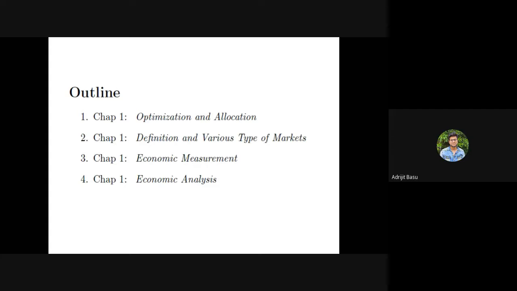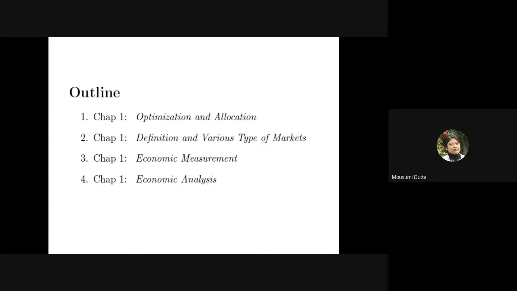Okay. So first day, I gave you this outline, so if you want to prepare your own chapter one, the outline will be: I'll tell you something about optimization and allocation, because the entire microeconomics is based on optimization and allocation.